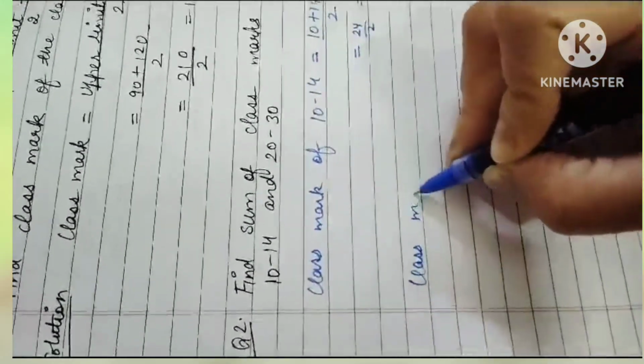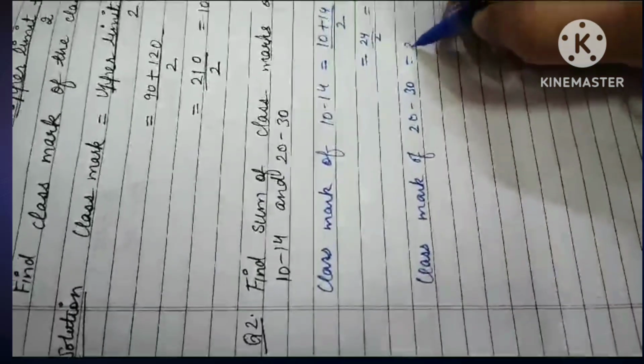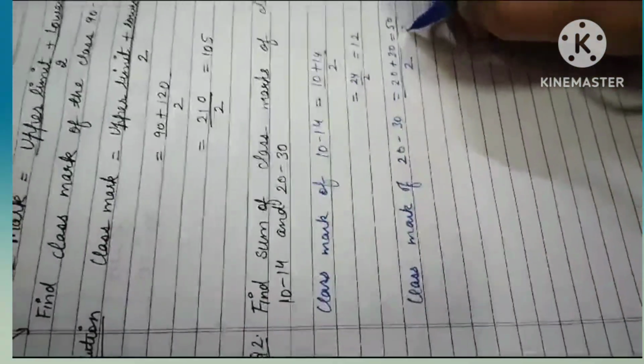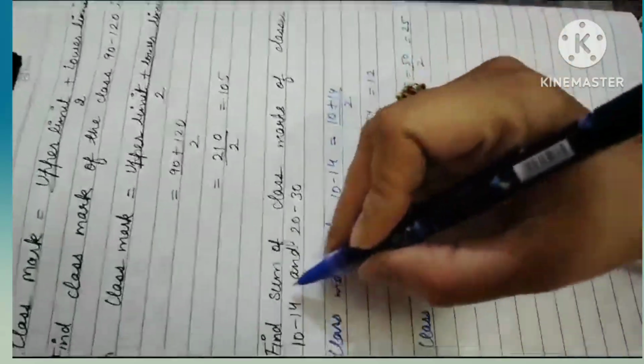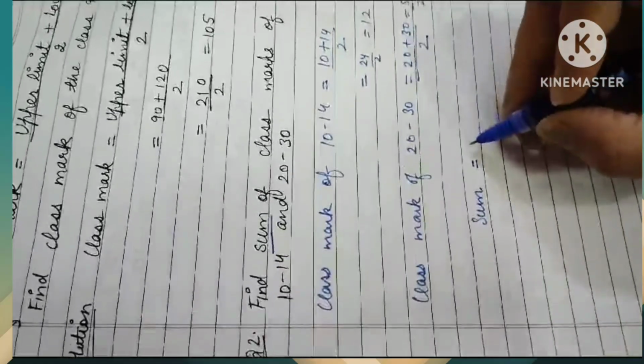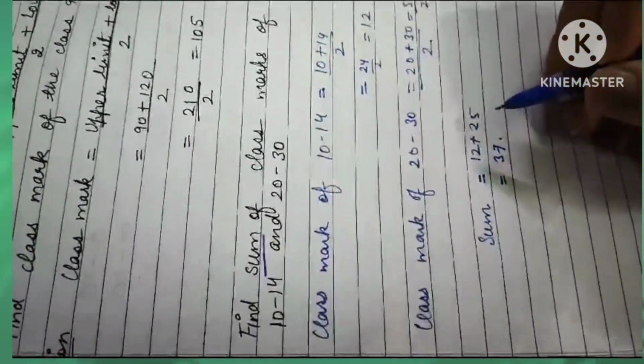Next, the class mark of 20 to 30 is 20 plus 30 upon 2. So it is 50 upon 2, it is 25. Now we have to find the sum of both the class marks. So 12 plus 25 is 37.